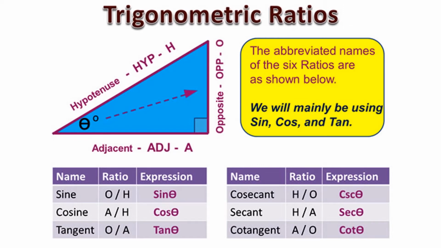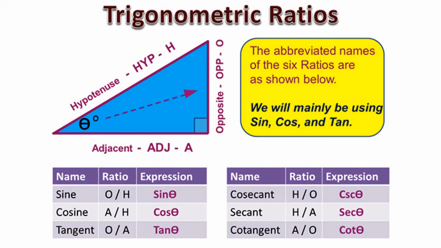We will be mainly using sine, cos and tan in this lesson, but there are some reciprocals also. Reciprocal of sine is cosecant, reciprocal of cosine is secant, and reciprocal of tangent is cotangent. If sine is opposite side upon hypotenuse, then the reciprocal cosecant will be hypotenuse upon opposite side, and the short form is cosec theta.